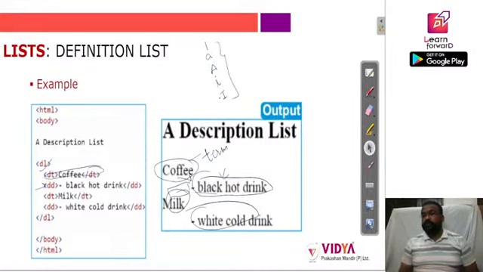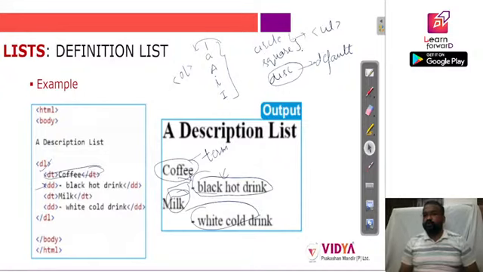So these were the different types in our ordered list, while in our unordered list we have seen circle, square, and this. This one was the default, while these two we can provide in our type attribute. So these were the types in unordered list, and these were the types in our ordered list. And in ordered list, the number 1 was the default value.